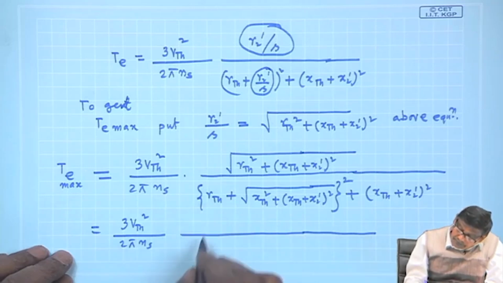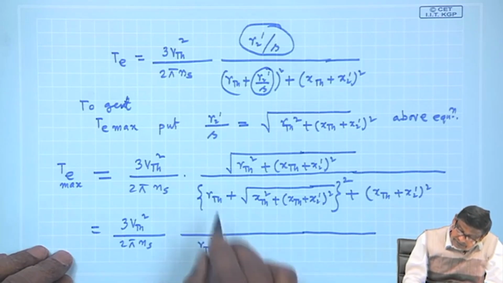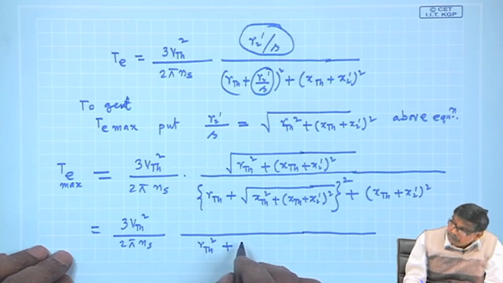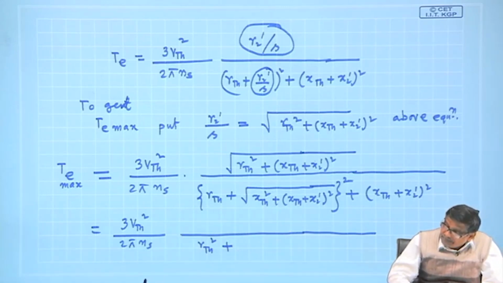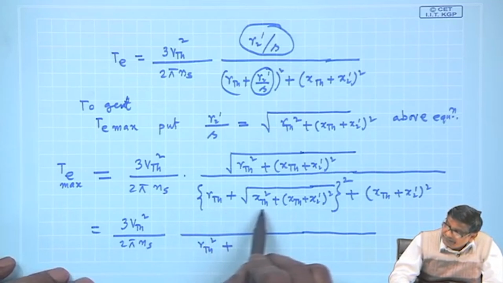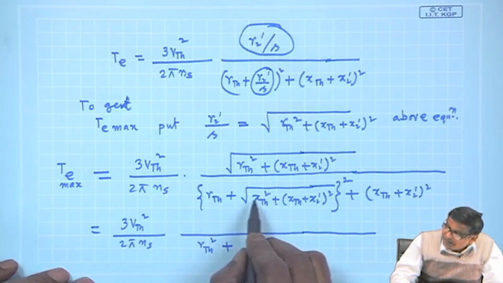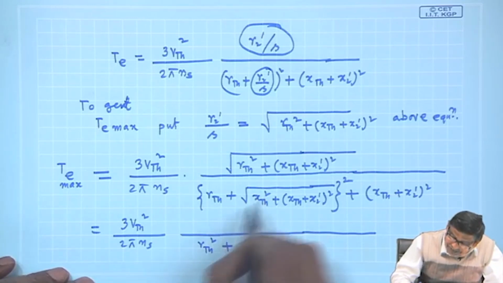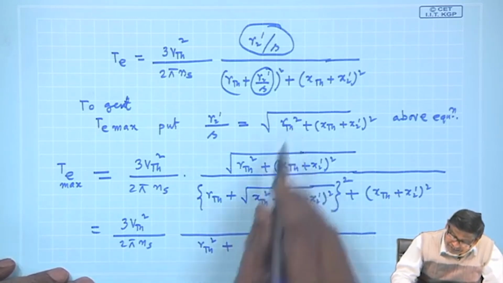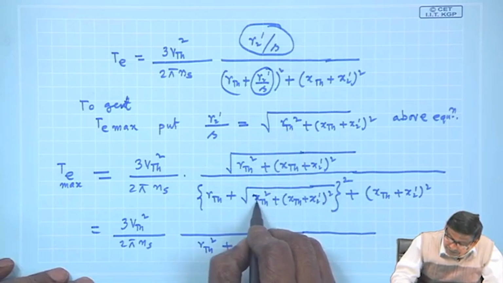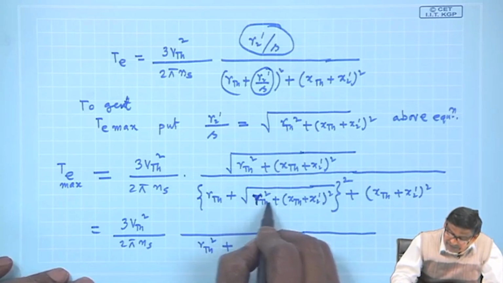so it will be R Thevenin square, let me write A square plus B square here, here it should be R Thevenins. Please note that this is R Thevenins. By mistake I wrote. So, this is R Thevenins.